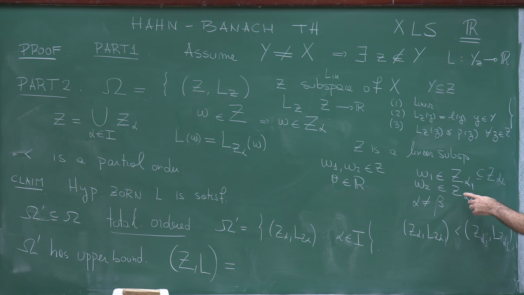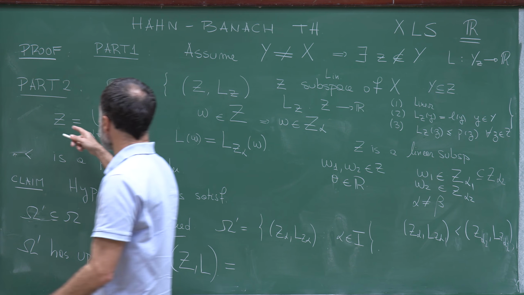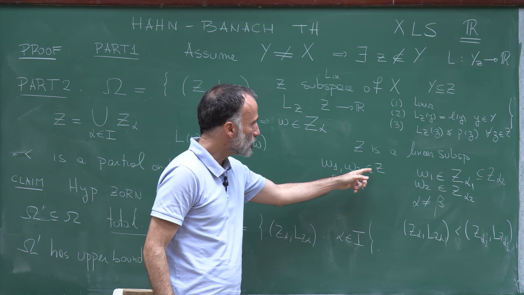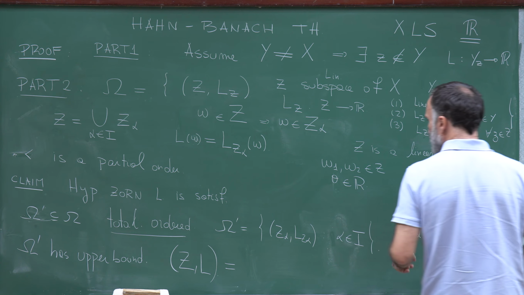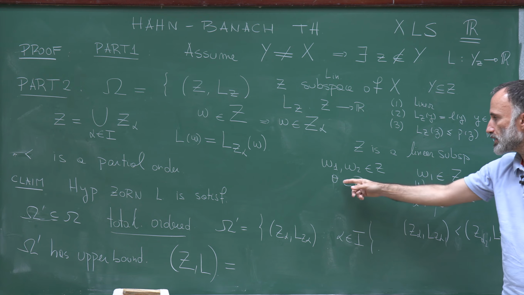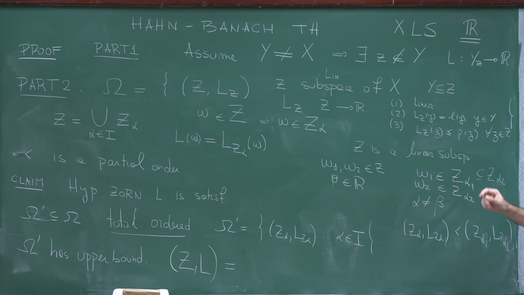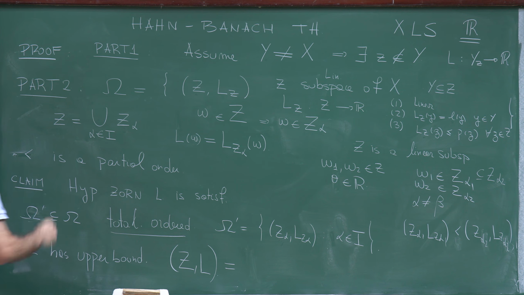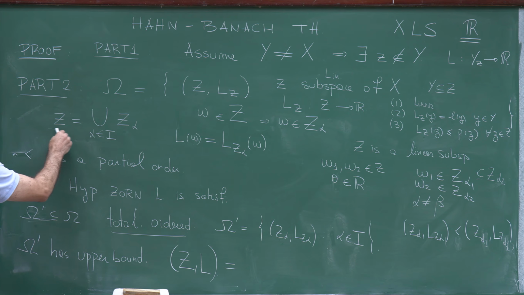Therefore, both belong to Z alpha 2, which is linear. This shows that the sum belongs to Z alpha 2, and Z alpha 2 is contained in Z, and therefore omega 1 plus omega 2 belongs to Z. In the same way, since omega 1 belongs to Z alpha 1 and theta is a real, theta omega 1 belongs to Z alpha 1, which is contained in Z, and therefore theta omega 1 belongs to Z. This proves that Z, this space which I just defined, is a linear space.